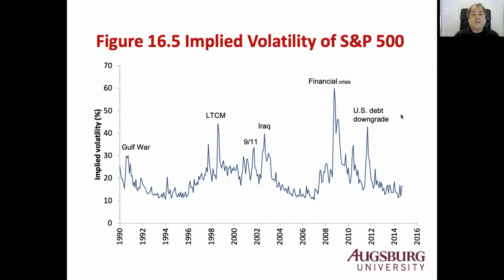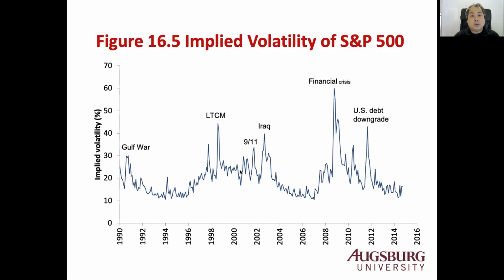Now, this is the implied volatility of the S&P 500. If we believe implied volatility is right, then the option is usually fairly priced, right? That's what it means. And from 1990 to about 2015, this implied volatility is very consistent with the volatility of the market itself, which means our implied volatility is trustable, which means our Black-Scholes model is trustable.